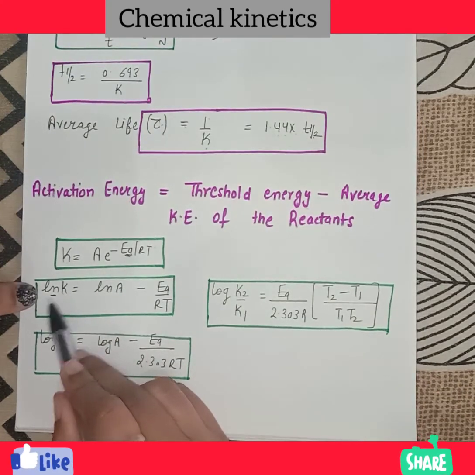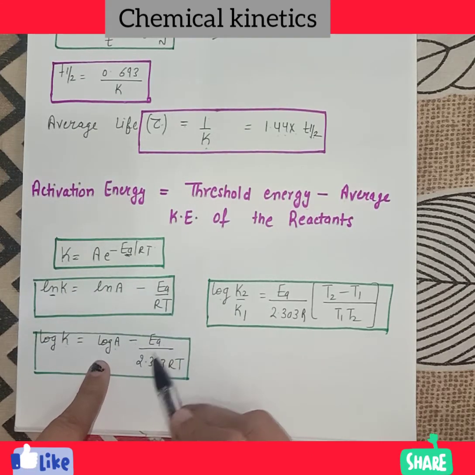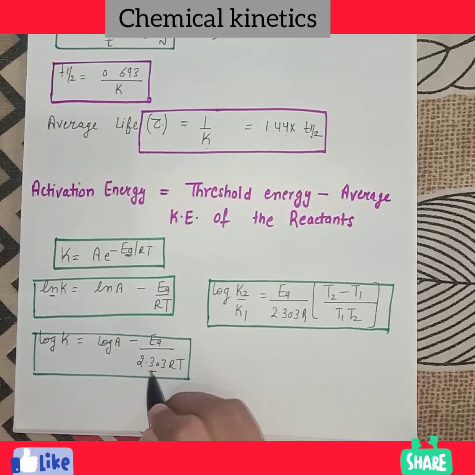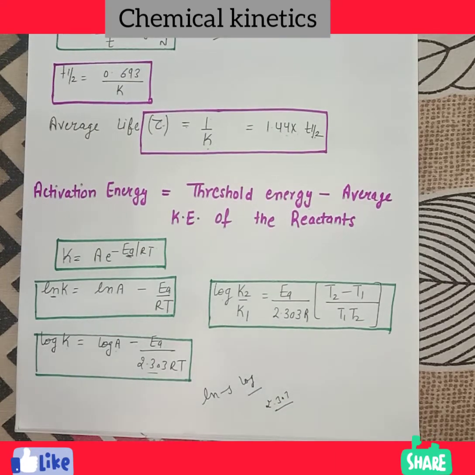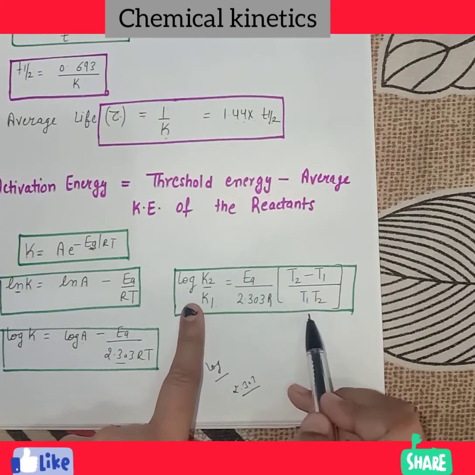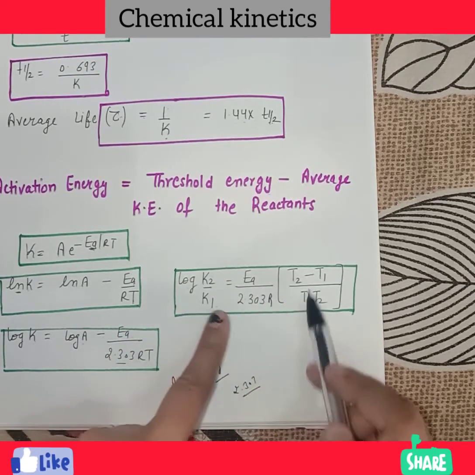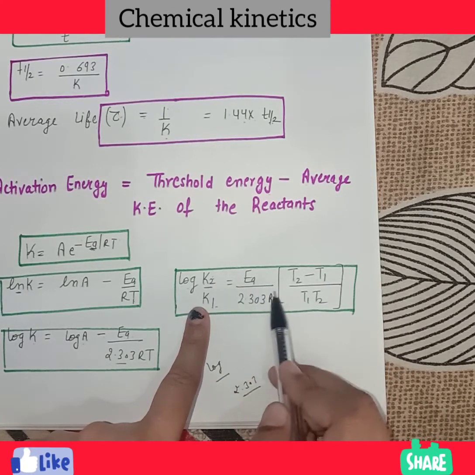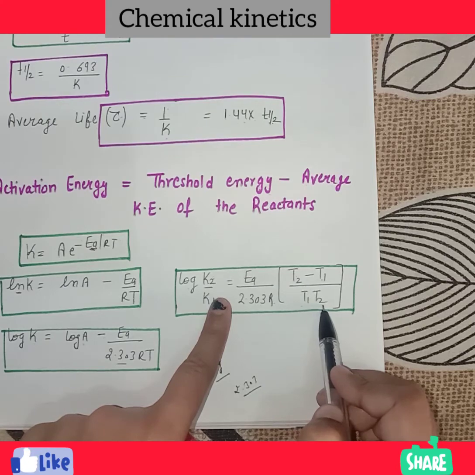After converting ln into log, log K equals log A minus Ea upon 2.303 RT, because if we convert ln to log, we have to take the 2.303 value with log. Then if there are two rate constants and two temperature values are given, you have to put these values in this formula: log K2 upon K1 equals Ea by 2.303 R into T2 minus T1 by T1 into T2.